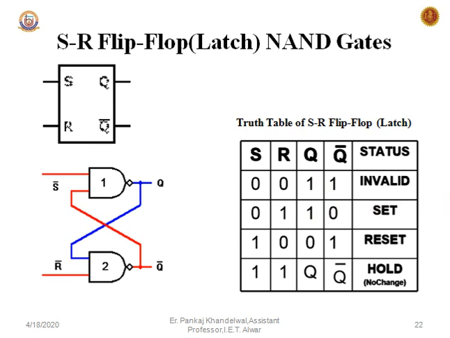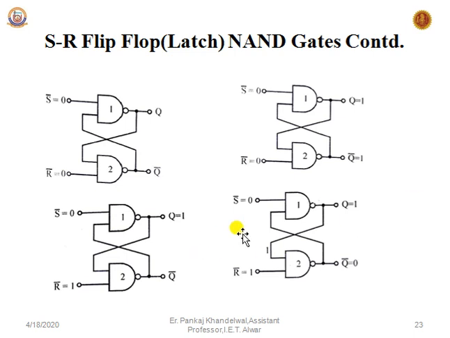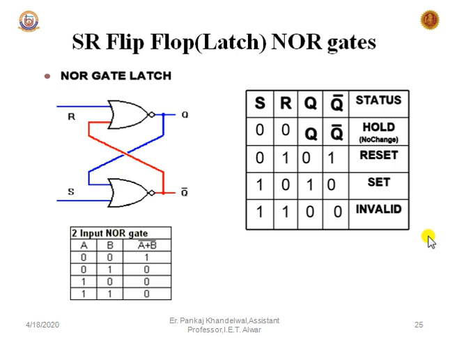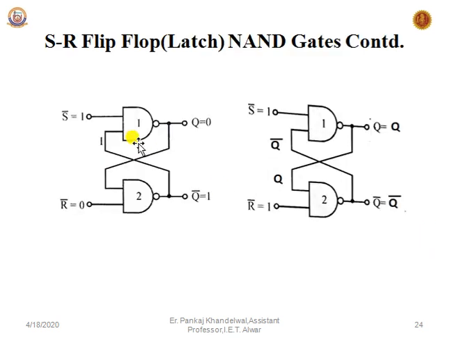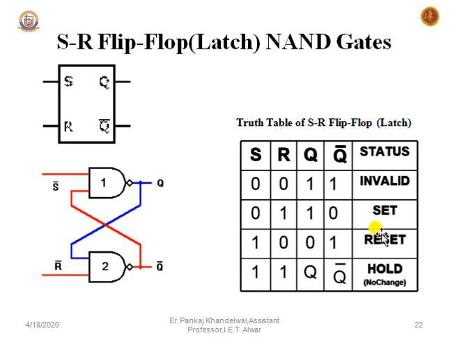After that, when S equals 1 and R equals 0, in this case we can get the output of gate second earlier, because gate second has one input 0, which means the output of gate second is equal to 1, so Q bar is equal to 1.